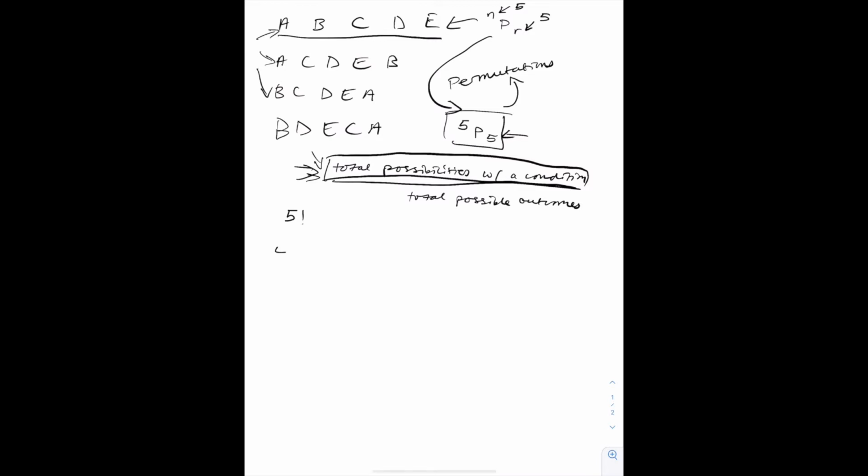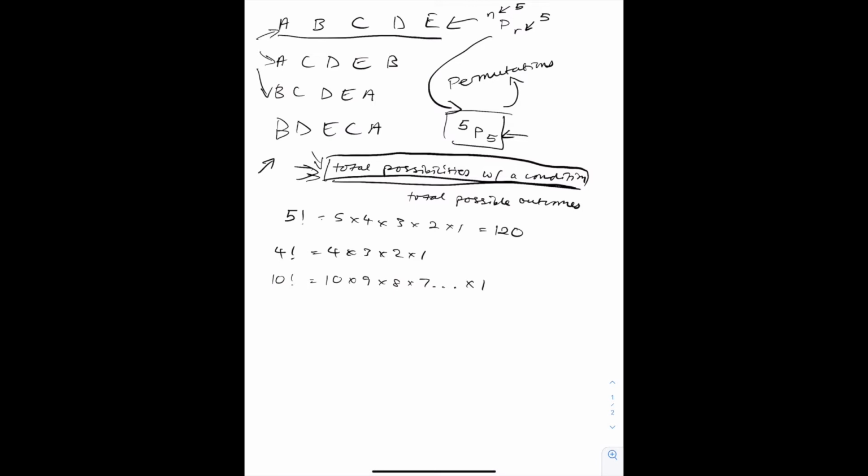So for example, 4 factorial is 4 times 3 times 2 times 1. And 10 factorial is 10 times 9 times 8 times 7, and so on, till times 1. So 5 factorial is 5 times 4 times 3 times 2 times 1, which is equal to 120. So that means that there are 120 ways of rearranging this.